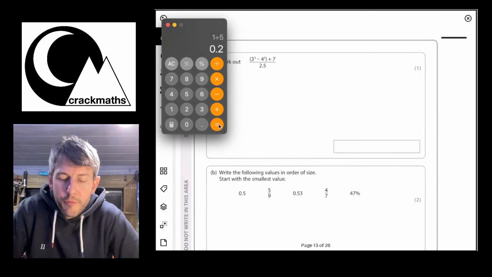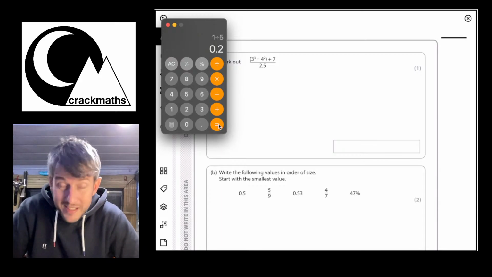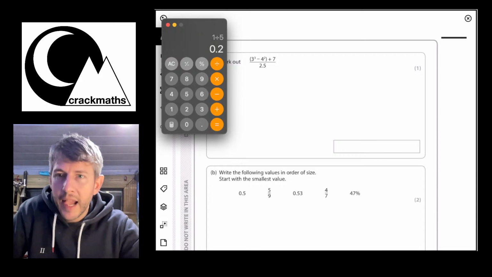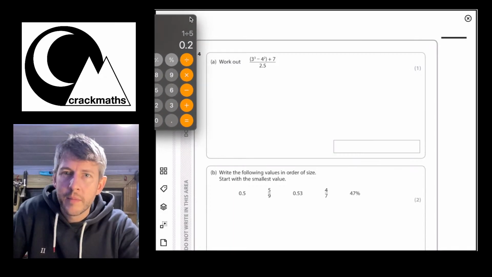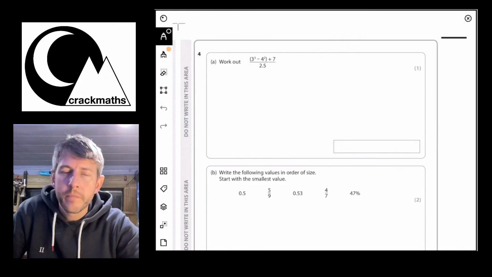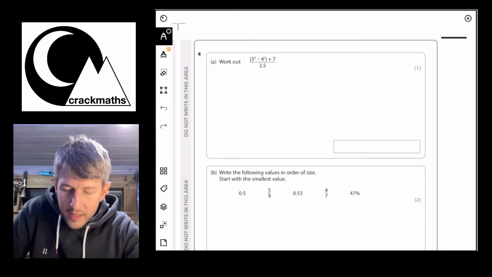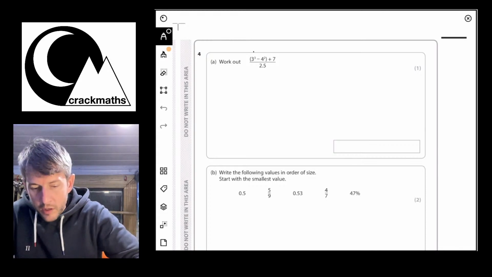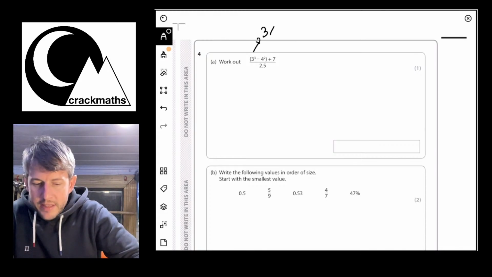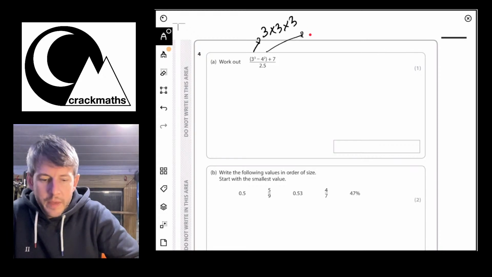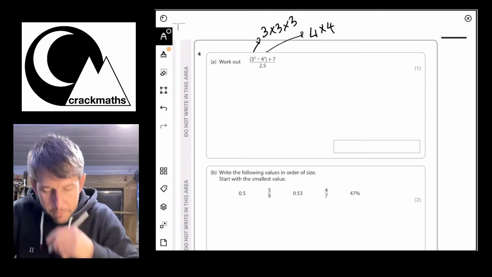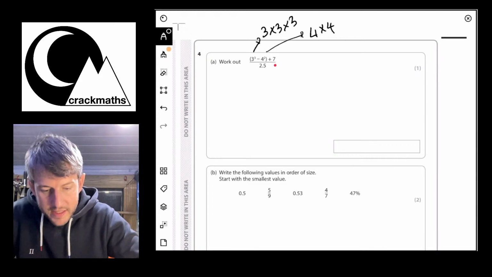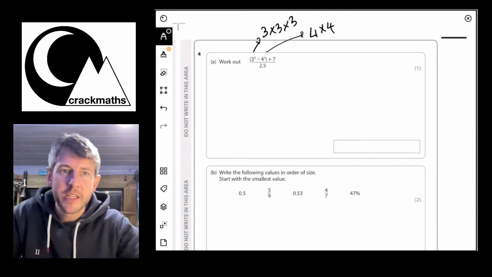Work out 3 cubed take away 4 squared plus 7, all divided by 2.5. Let me move the calculator over here. So cubed means 3 times 3 times 3. Squared means that this is going to be 4 times 4. The plus, well, we know that. Let's work out what this bit is first.